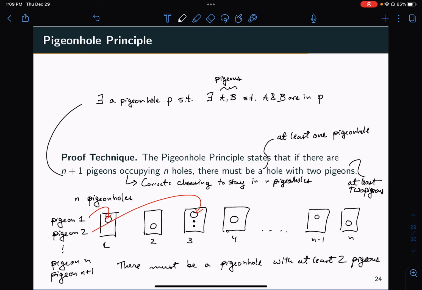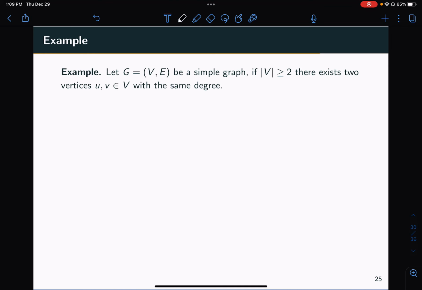Okay, and so the mathematical statement that we're going to want to prove in this video will be the following. Suppose we have a graph G, which, as a reminder, is a tuple of vertices and edges, and let G be a simple graph.